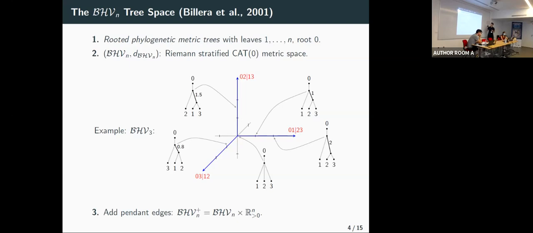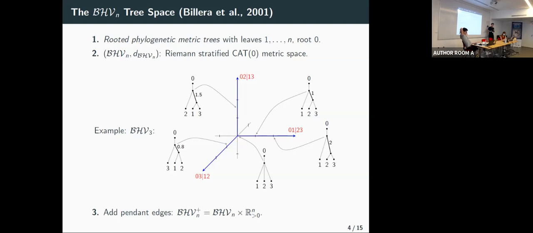And it's Riemann stratified, which means that it's a union of Riemannian manifolds. They are all flat, of different dimensions, and they are glued together in a very particular way, so that these Riemannian metrics on those manifolds are compatible in some sense at the glued boundaries. All right, so as an example here, you could visualize the BHV space for 3 species.